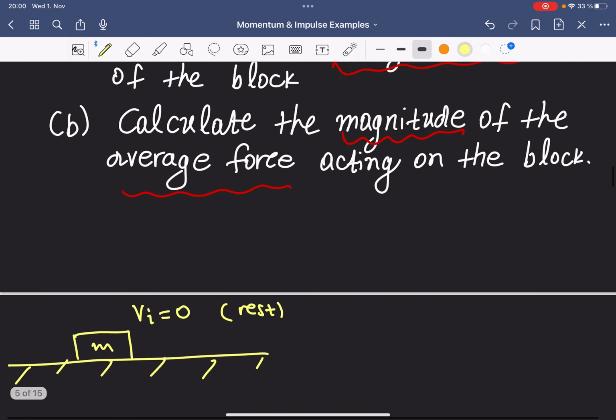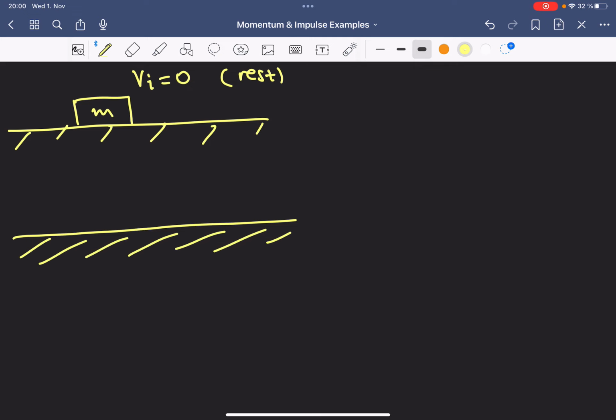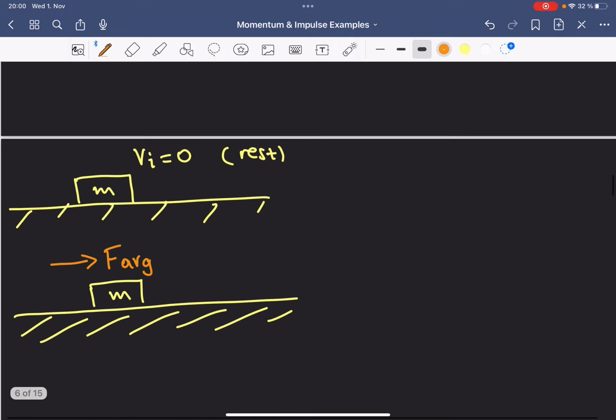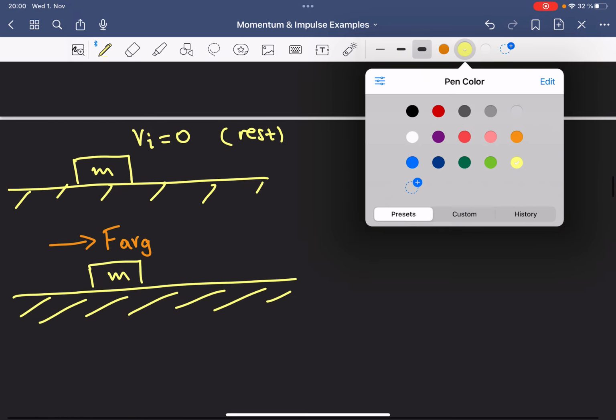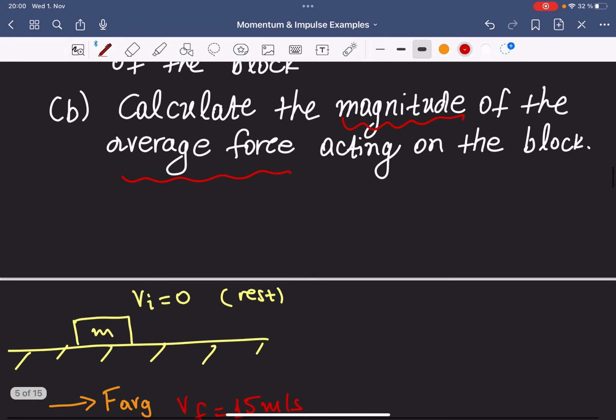And then the same object, we have a force F average applied on this side, and this one will accelerate our block and it will acquire a velocity of 15 meters per second.